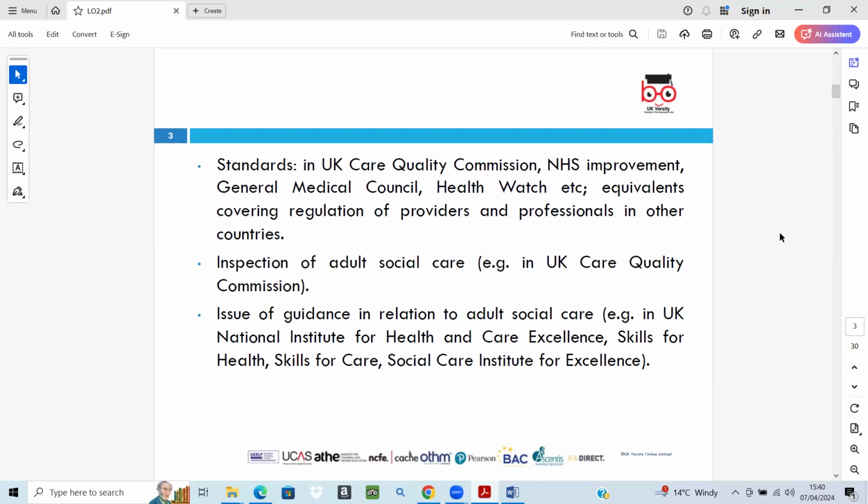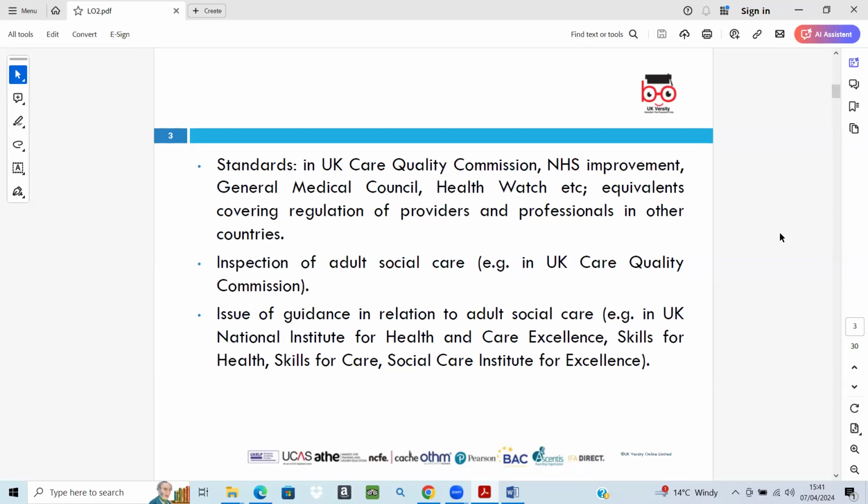You can type the specific care home name, and then you can find out what the rating is for that specific service provider.